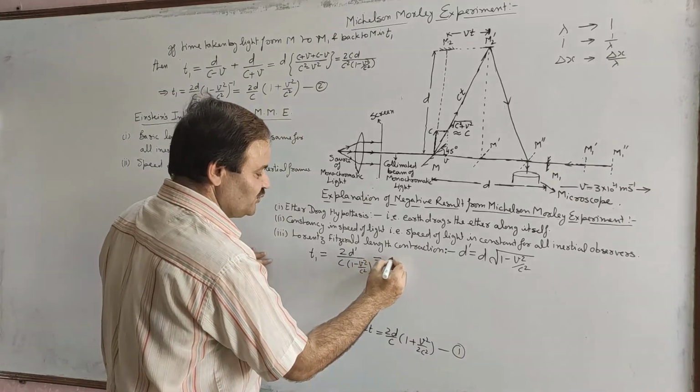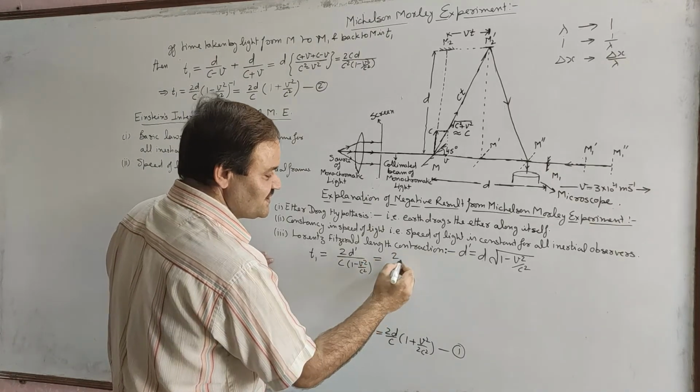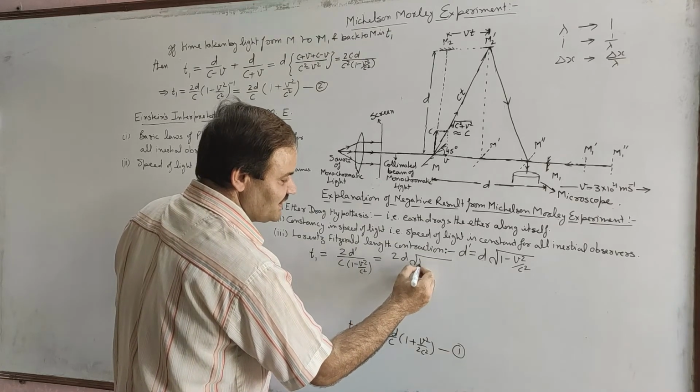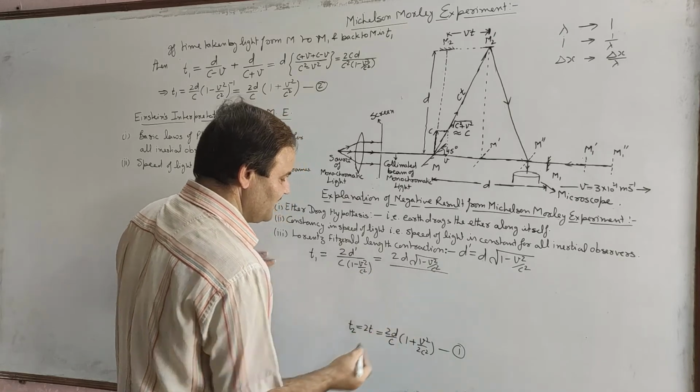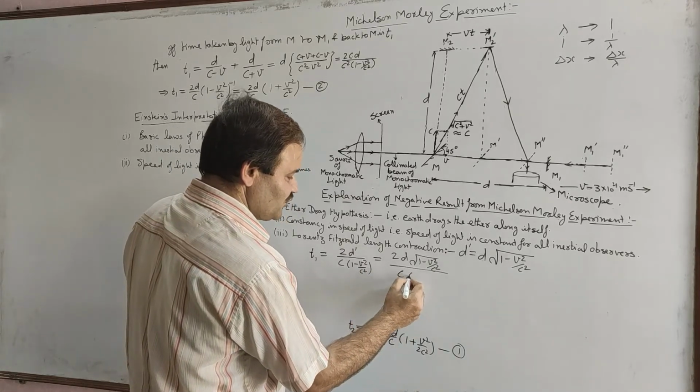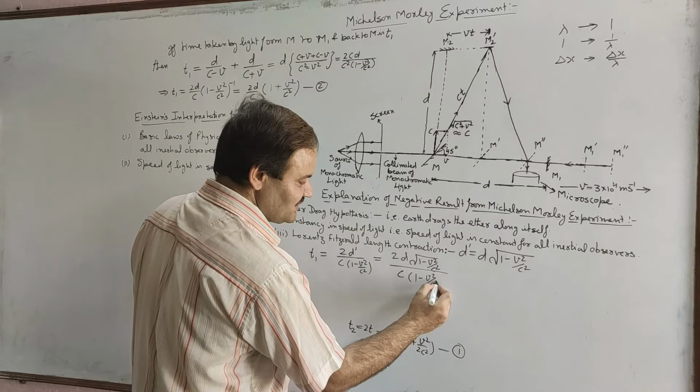This is equal to 2 d root 1 minus v square by c square divided by c into 1 minus v square by c square.